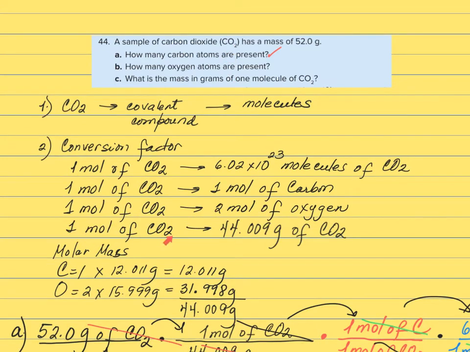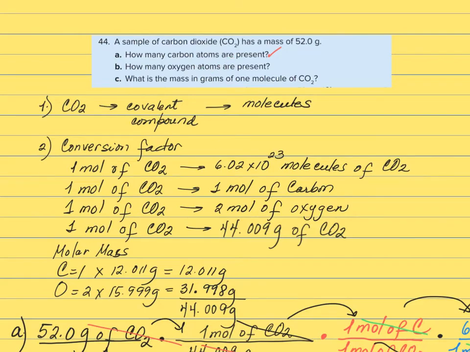And how many grams you have in 1 mole of carbon dioxide is not a given. Can you look for that? Yes, because that's the molar mass of carbon dioxide, and you already know how to find the molar mass. So in 1 mole of carbon dioxide, you have the molar mass of carbon dioxide. Now, with all those conversion factors, how do you find the amount of carbon atoms that are present?